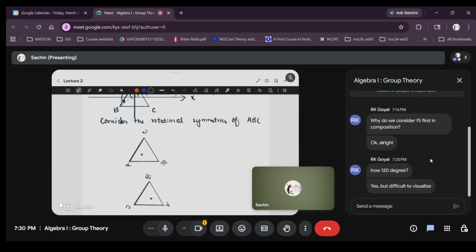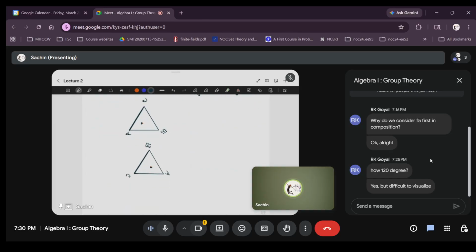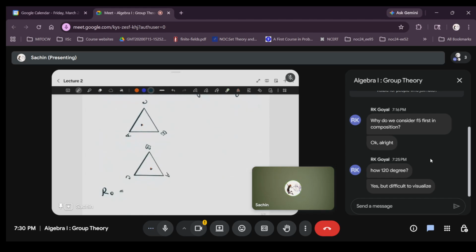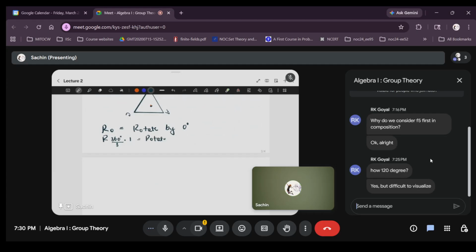So there are, in a sense, three rotations you can do. The first rotation is you don't actually rotate it at all. That is the identity. You keep it as it is. There is rotation by 0 degrees or rotate by 360 degrees. You can take it either way. The second rotation is rotate by 360 by 3, rotate by 120 degrees.